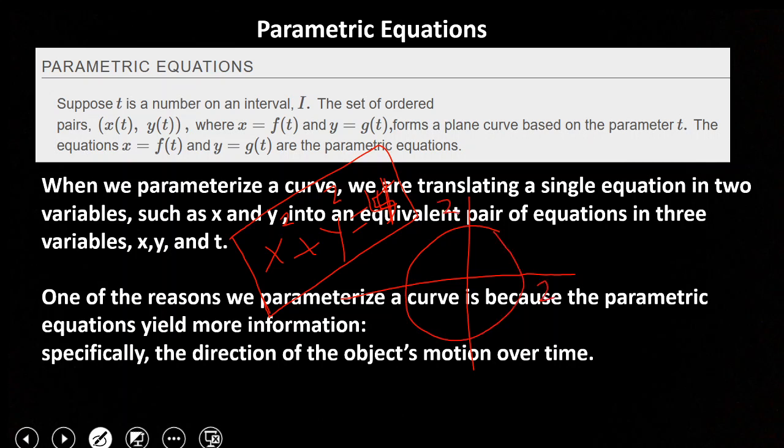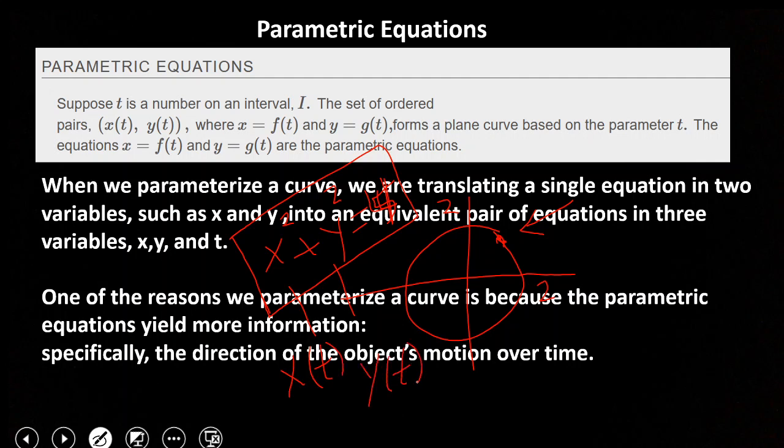So this gives us a picture of what shape all the points have together. But with parametric equations, we know exactly where we are on this shape only if we know what one variable is. So that variable, we're going to call a parameter. So we're going to write x and y in terms of that parameter. Let's say, for example, t.